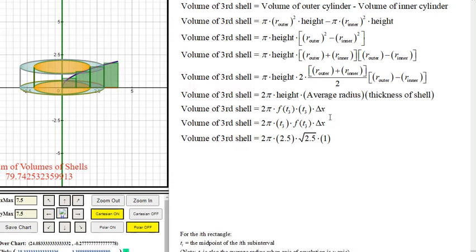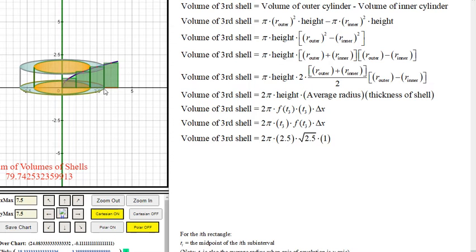And then the thickness of the shell, in this case, is the width of the rectangle. But notice that the thickness of the shell is also the same as the outer radius minus the inner radius. So this is the outer radius, this is the inner radius.